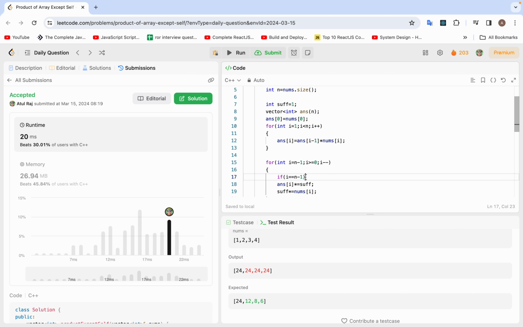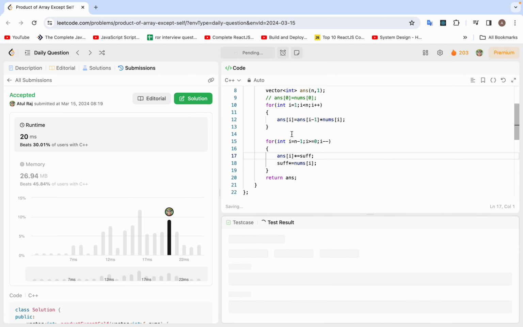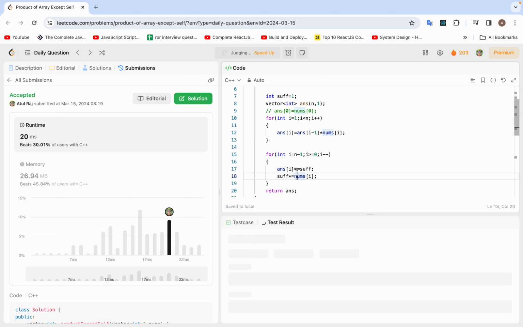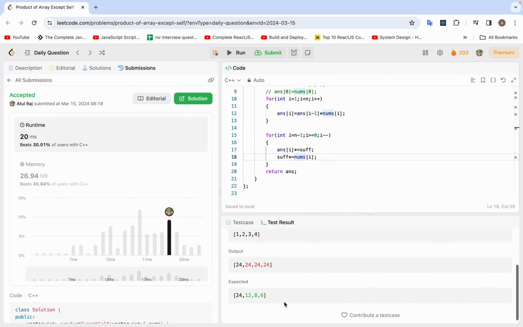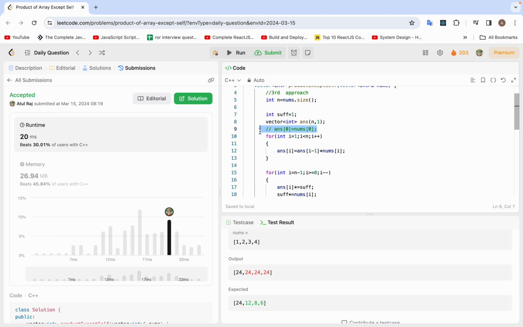So what I can do is instead of this, I can simply take it as 1. Right, now this looks good. Let's see. Again, 24 is coming. Why? And it's not storing answer of I minus 1 times this.